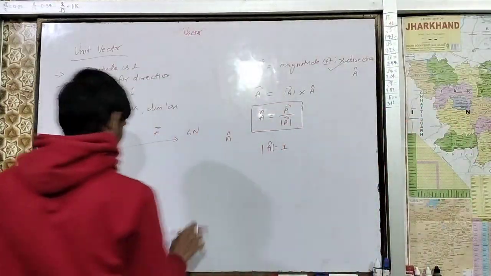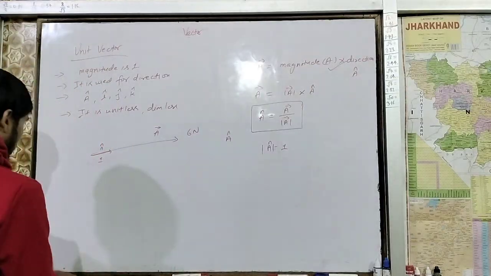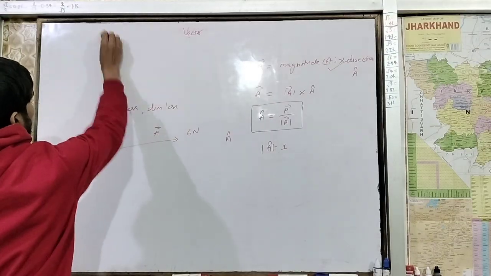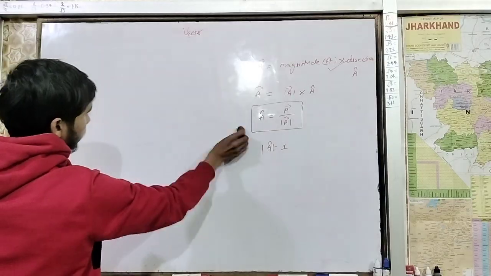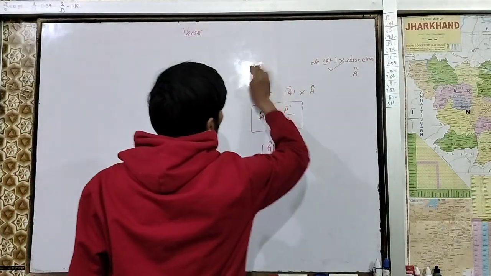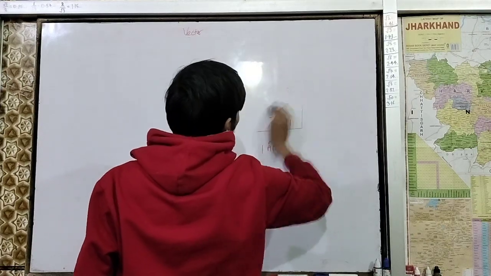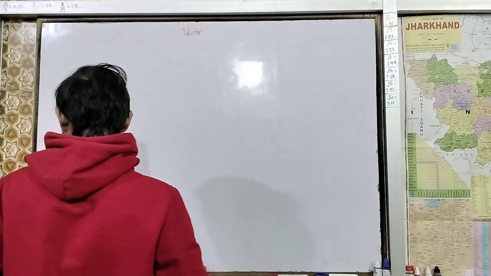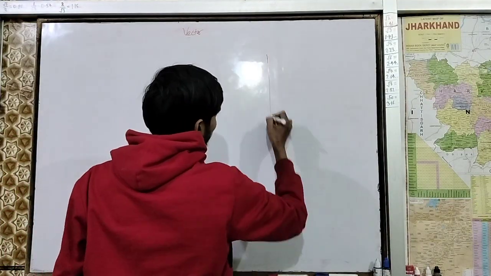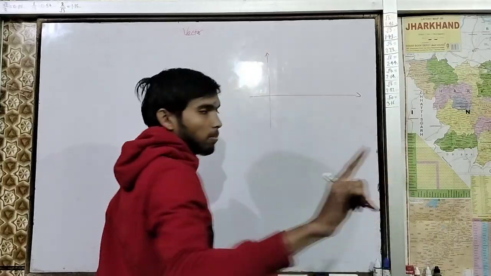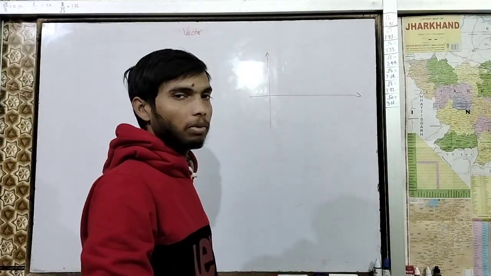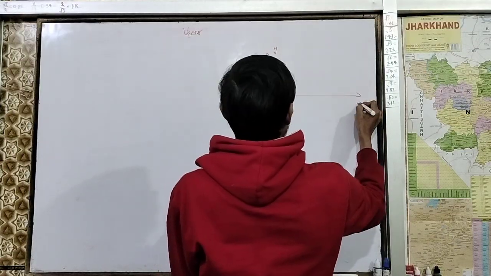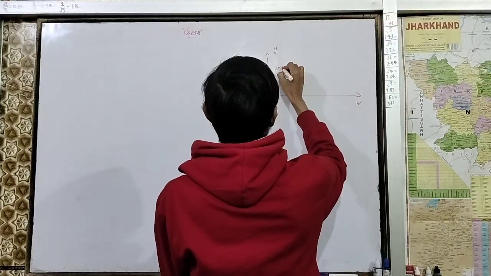Let's understand this with another example. On a Cartesian plane, there is a person B who is running with a velocity of 20 meter per second.